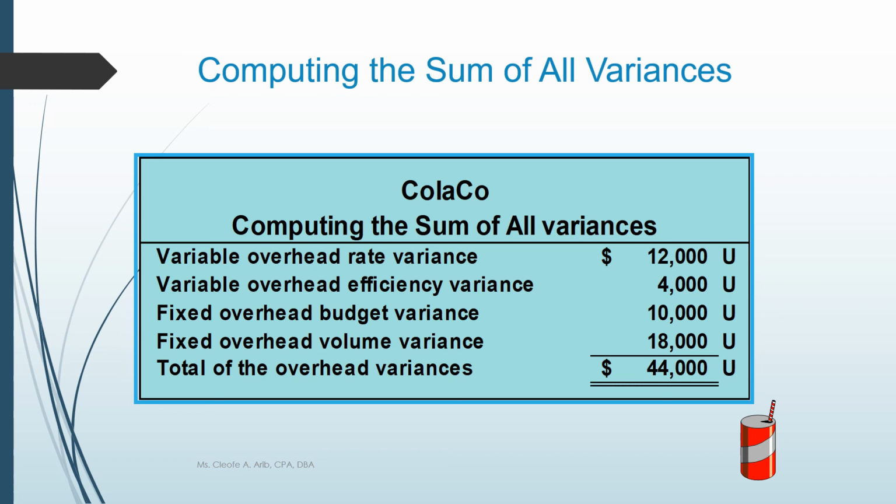So, since puro unfavorable, we just simply add to get your total overhead variance. And if you notice, your total overhead variance equals the amount of under-applied overhead. So, with that, we were able to reconcile your variances with any over-applied or under-applied overhead for the period. That ends our discussion for standard costing.